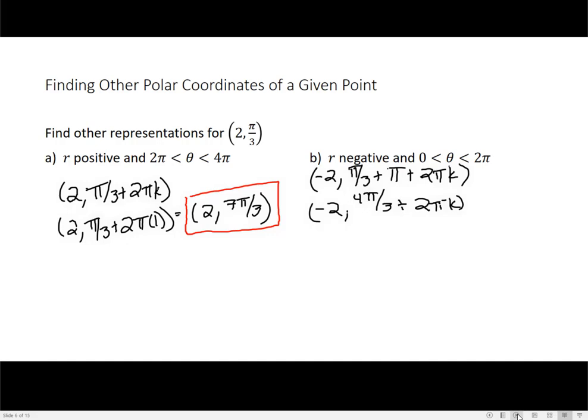But if I let k be 1, I'm going to get something bigger than my interval here. So I'm just going to let k be 0, and my representation is going to be negative 2, 4 pi over 3. And that is another way to write 2, pi thirds with a negative r.